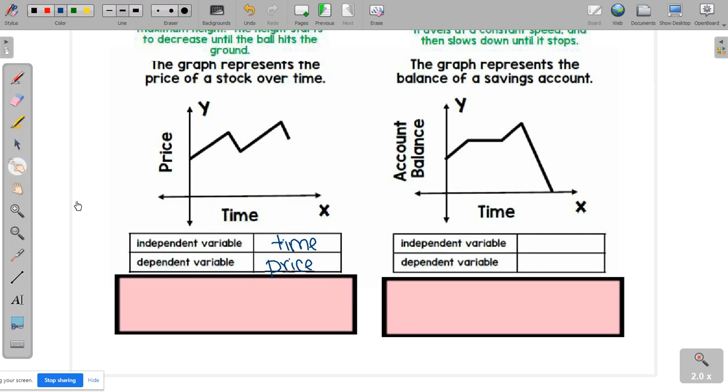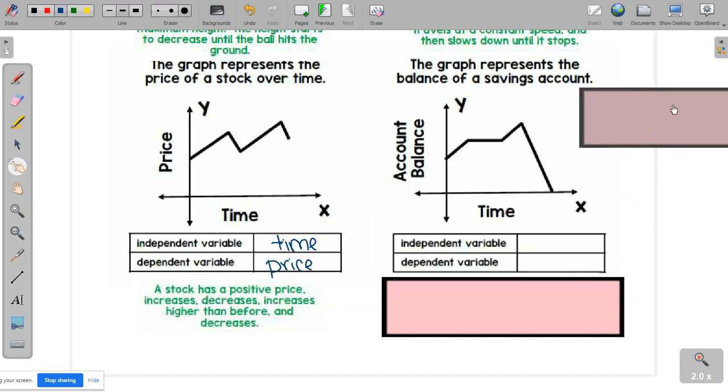So if we look at this, a stock has a positive price and it increases and decreases, and it increases at a higher rate than it did before and then decreases some.